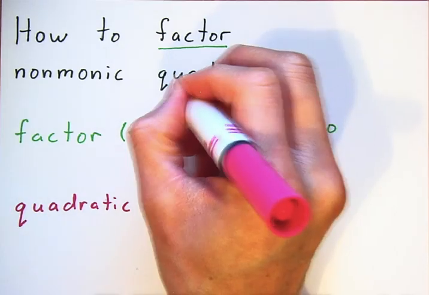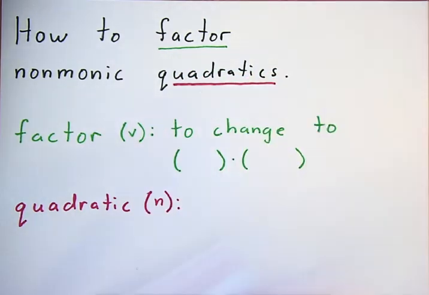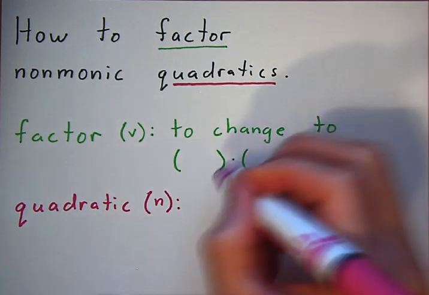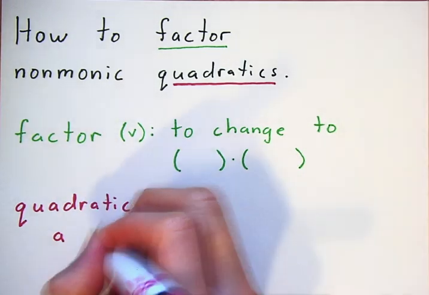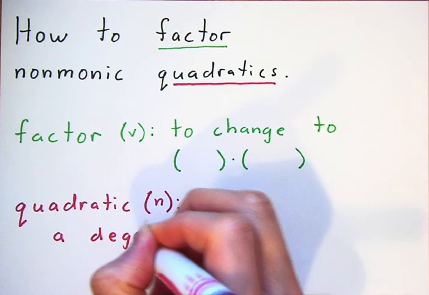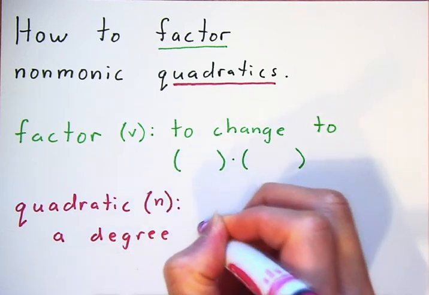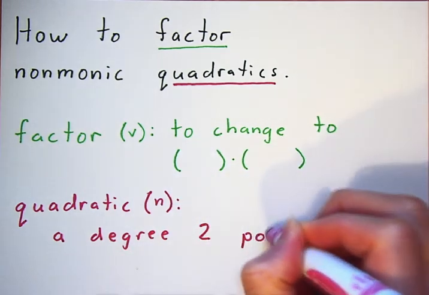So what exactly is a quadratic? A quadratic is a degree 2 polynomial.